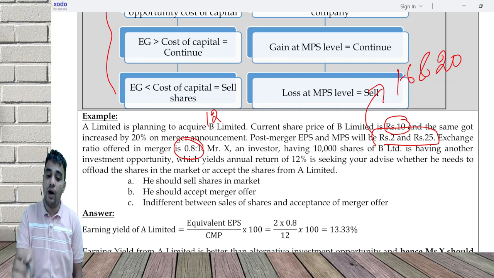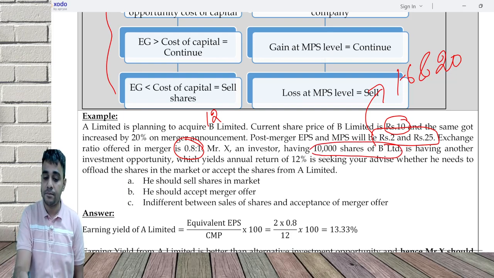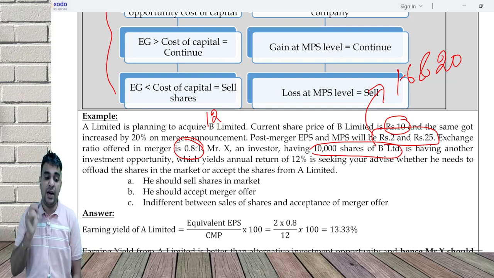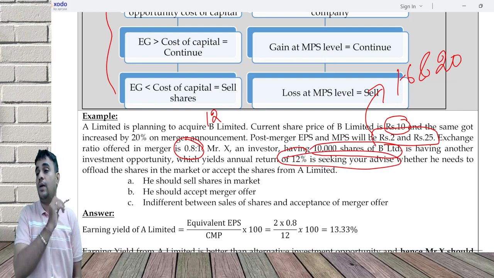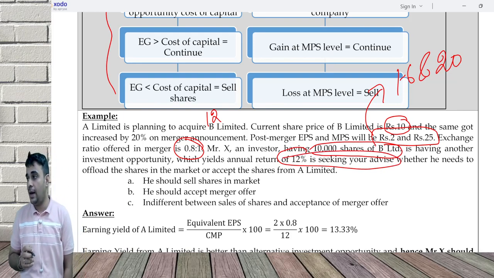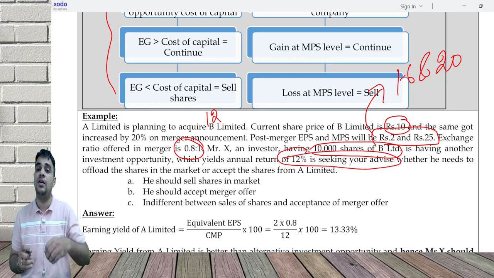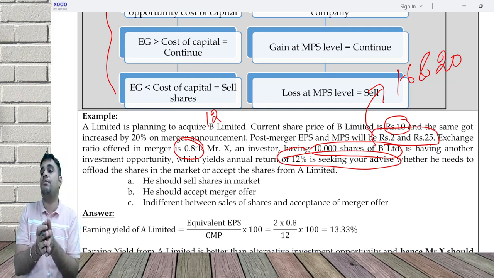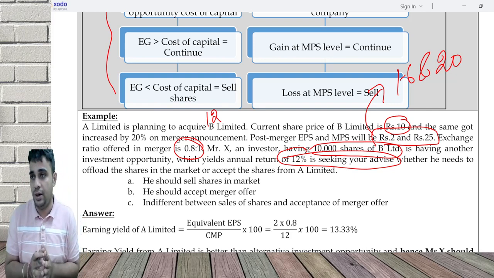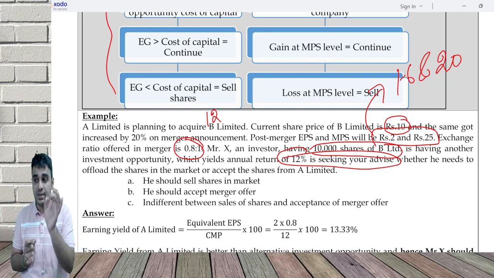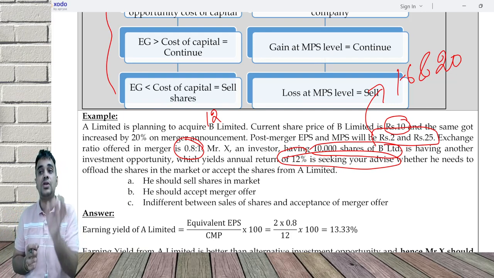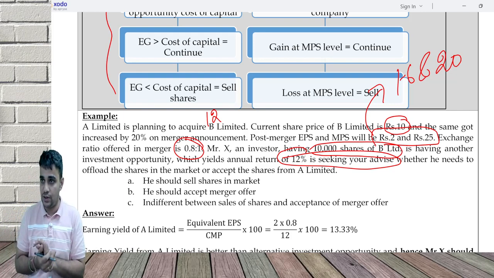They are saying you are holding 10,000 shares and you have another opportunity which can give you a return of 12%. So now you are thinking, should you continue with the company or sell your holding? In this example, the opportunity cost of capital is given. What is opportunity cost?